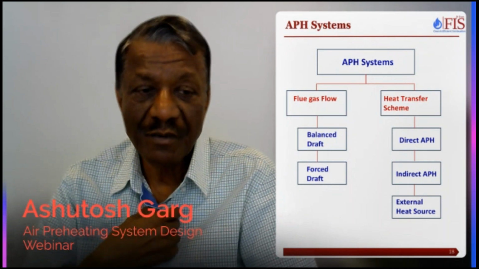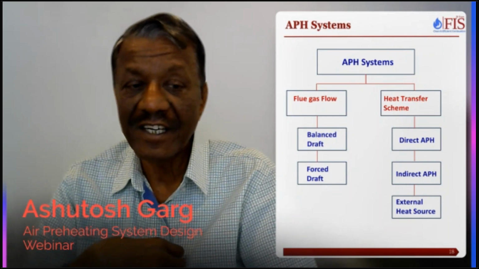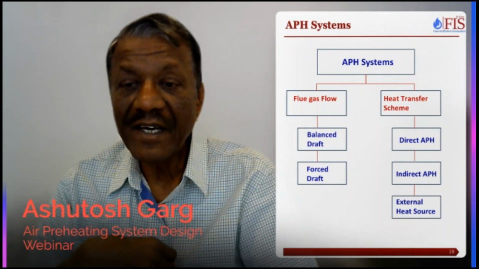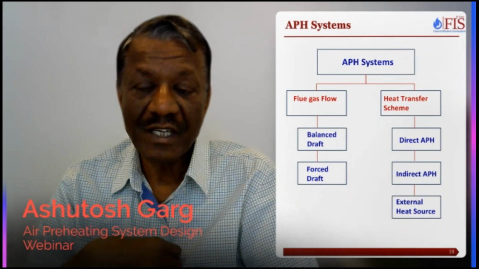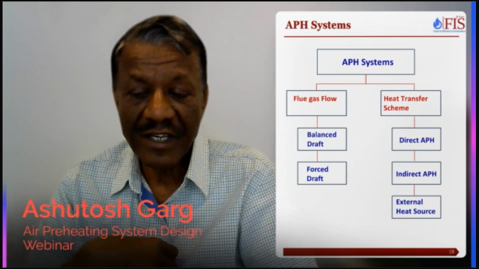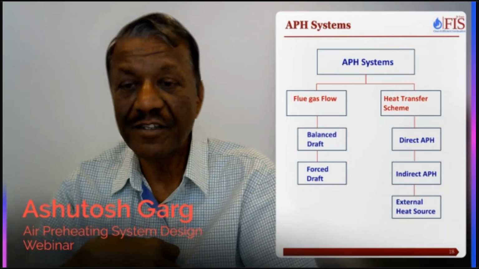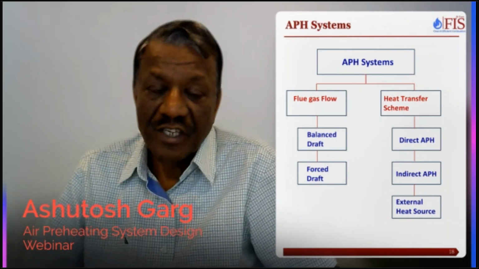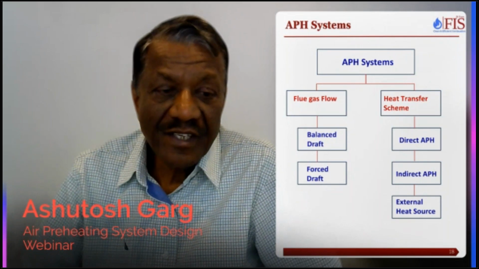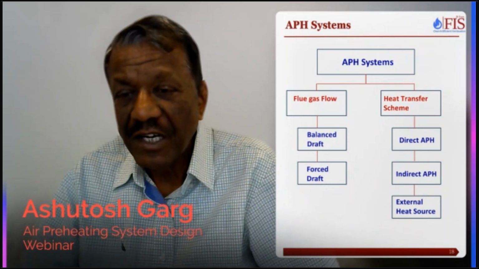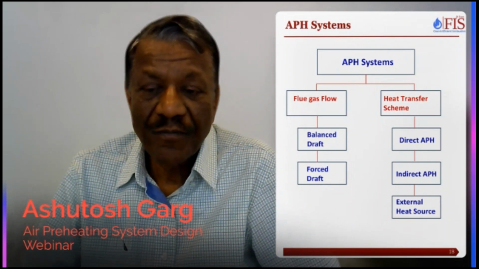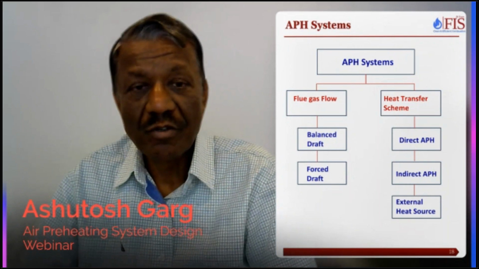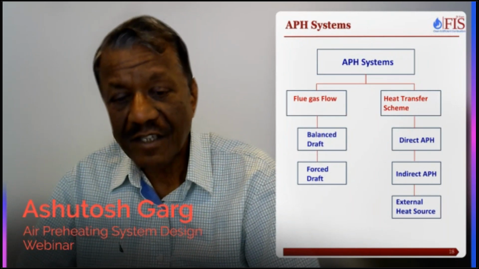We have the most common one, which is direct air preheaters. The second type is indirect air preheaters, where we transfer the heat from the hot flue gases to a fluid, and that fluid transfers the heat to the combustion air. And the third one is an external heat source, like if you have waste steam or waste hot oil, you want to preheat air, you can do that. So those are the different classifications.